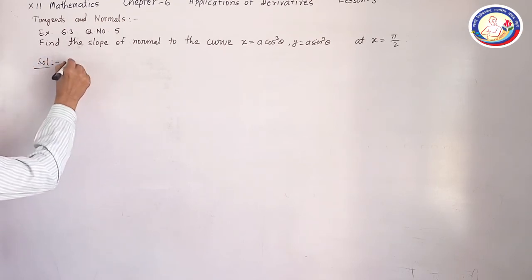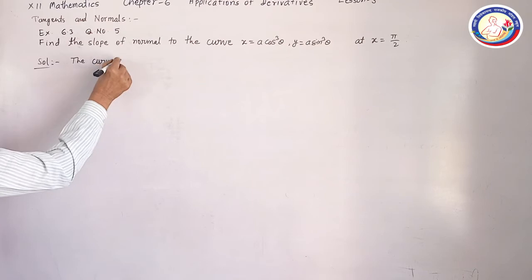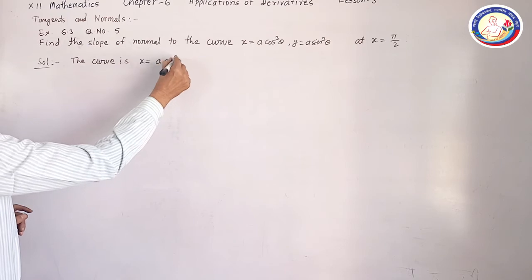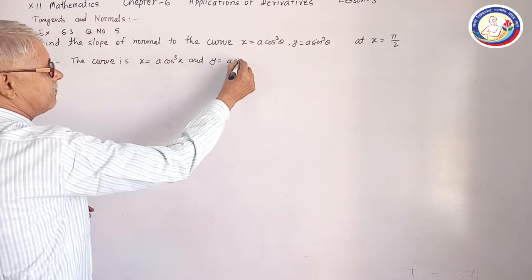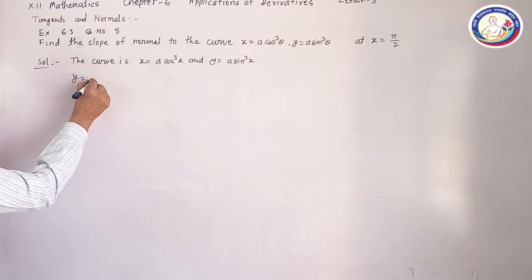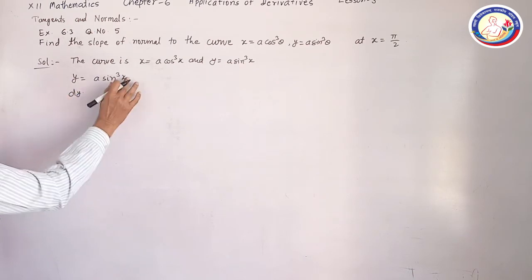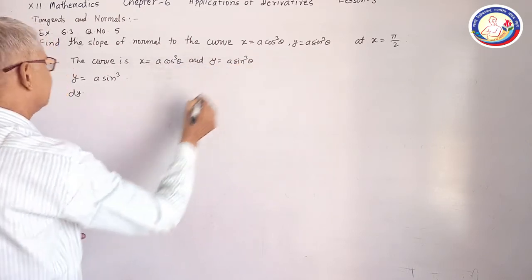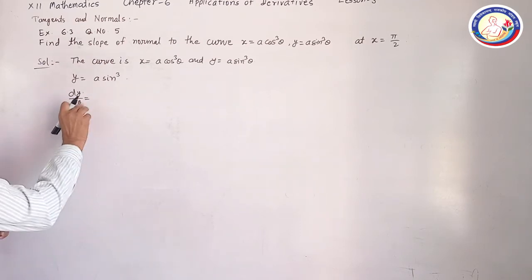Here y equal to a sine cube theta. So in parametric form, first of all find the derivative of y with respect to theta.